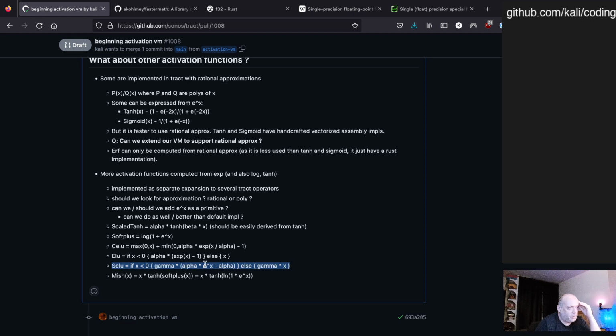Because we need 3 registers to compute exp of x, and we need to keep x around. So we will need 4.